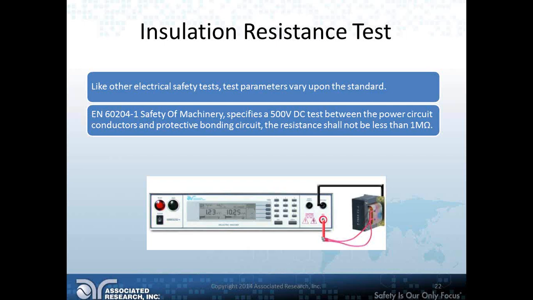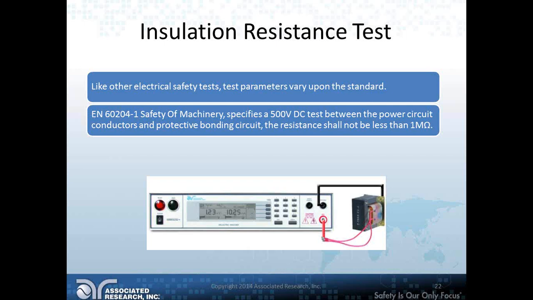Again, the test parameters for the insulation resistance test are called out in the standards that you're trying to comply with, so I would always refer to that. Here's a little picture at the bottom showing an insulation resistance test being run on a small transformer.